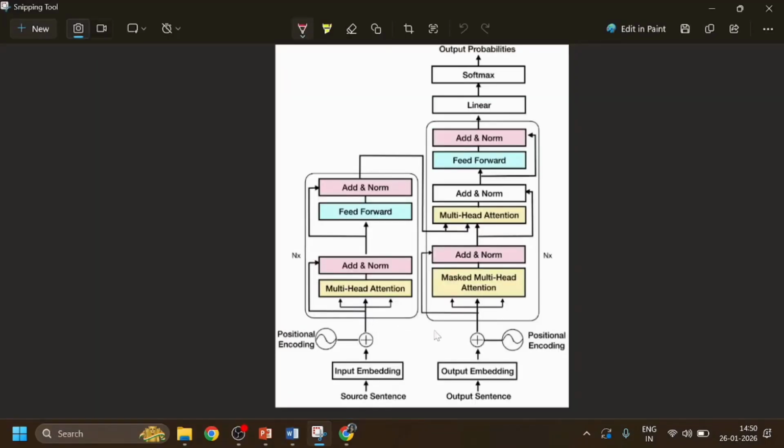Self attention tells the model what to look at, and multi-head attention tells the model how many ways it can look.